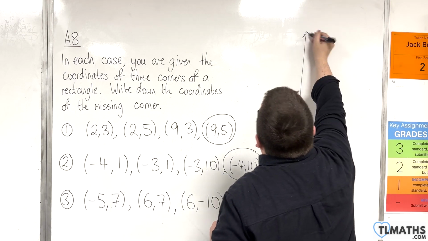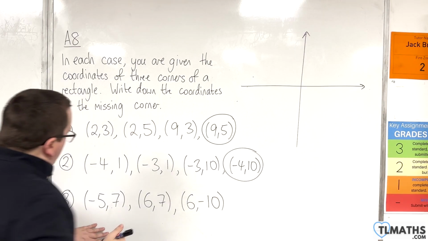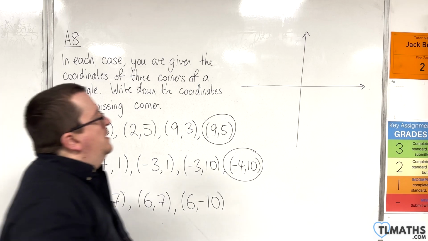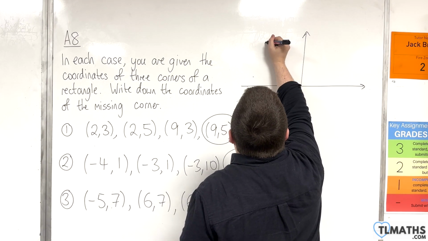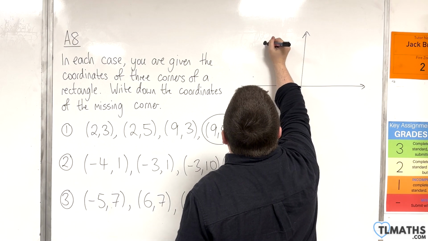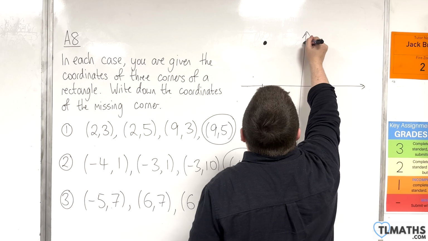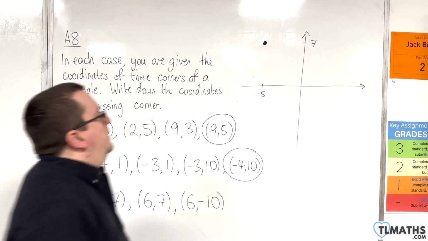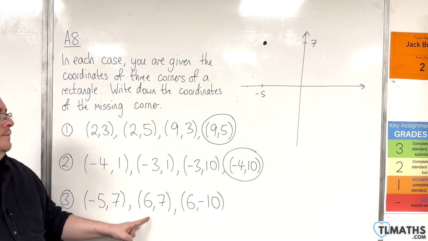What have we got? So the first one, minus 5, 7. So 5 back along the corridor and 7 up. So somewhere about there, I reckon. So that's at minus 5 and that's at 7. There we are. Right, the next one is at 6, 7.